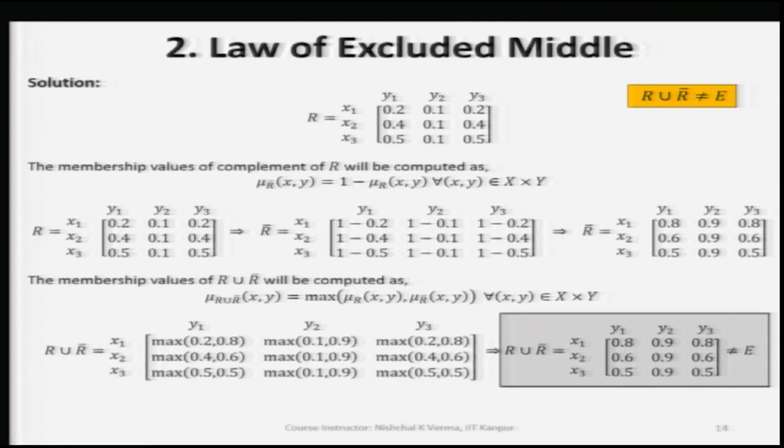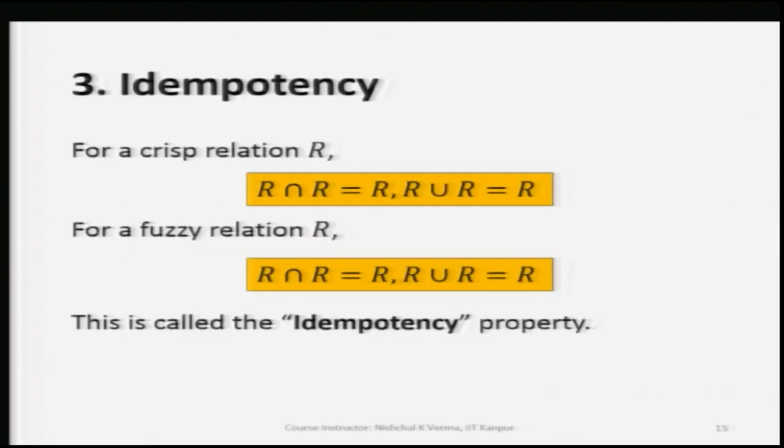Then we have the third property, which is idempotency. Let us check and see whether this is satisfied or not for the fuzzy relation. For crisp relation it is satisfied, and for a fuzzy relation R, if we take the intersection and union of R with R, we see that it comes out to be the same fuzzy relation.